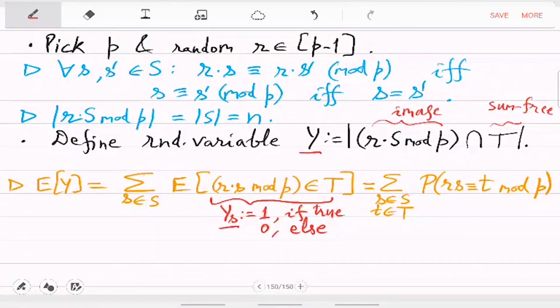Okay, so this is actually the thing which we do always. So Y is equal to sigma YS, and by linearity of expectation, expectation of Y is sigma expectation of YS, and then that becomes probability, right. The expectation of the indicator is nothing but the probability of this event happening, which is whether RS is in T mod P.